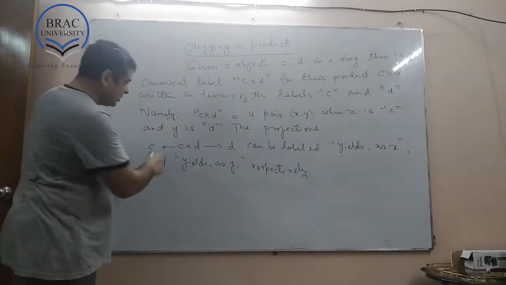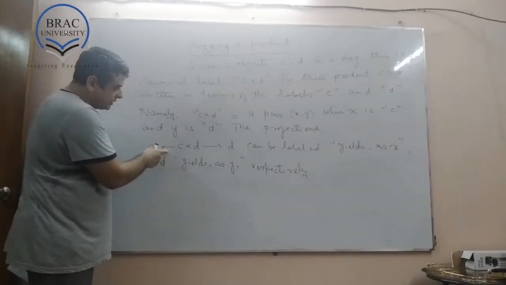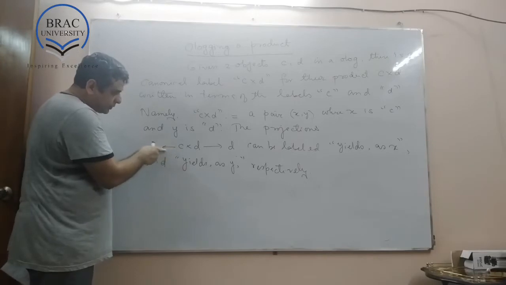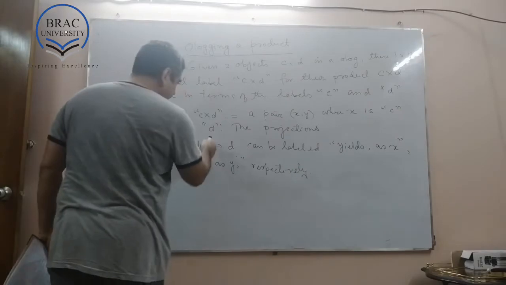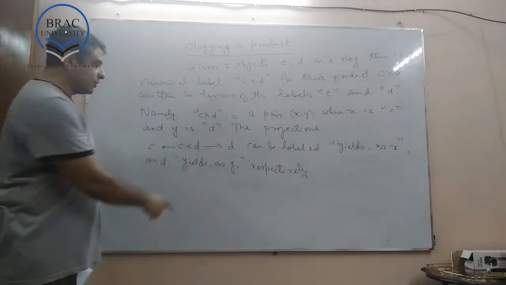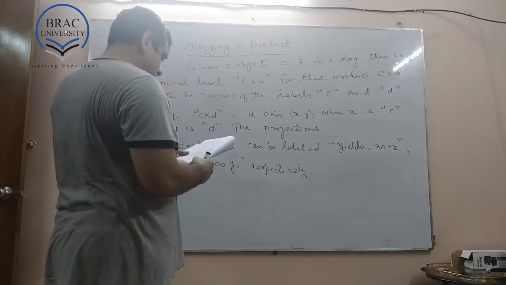So there are two arrows here associated with the two projections. The label of the first arrow should read yields as X, and the label of the second arrow should read yields as Y. Okay?